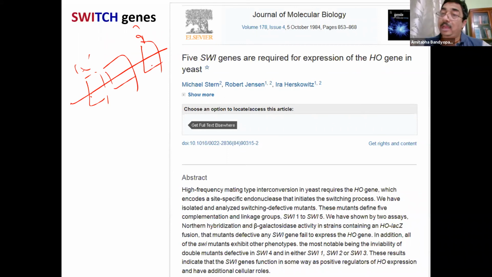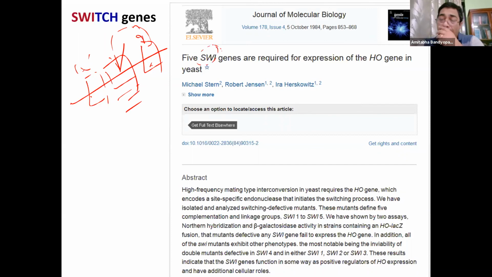But there is a nuclease called HO, I do not remember the full form of HO, this HO nuclease that can cut this part and insert it here. This is the active part. This is your audio cassette player. So whichever is inserted here will be transcribed and the mating type will change. So it's mating type switch. Okay. So the SWI gene means switch.